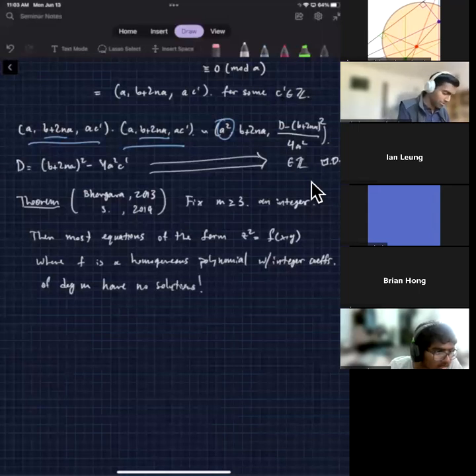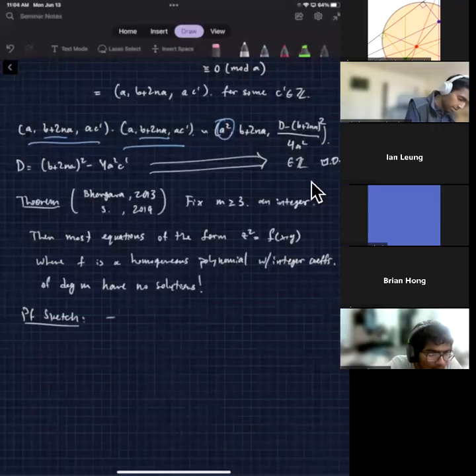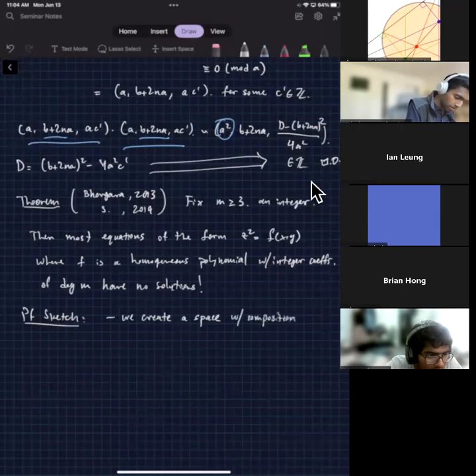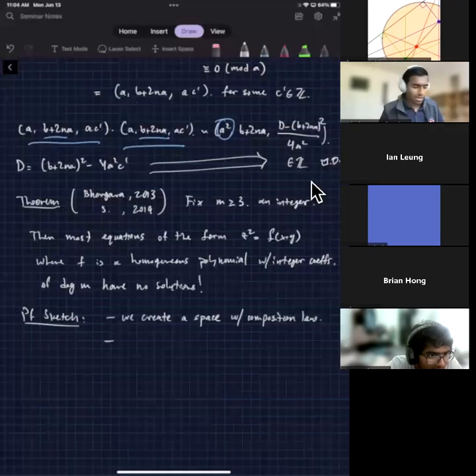So how do we prove this kind of theorem? Well, we actually use a very similar strategy. Okay. So we create a space with a composition law on it. For example, the space of BQFs.